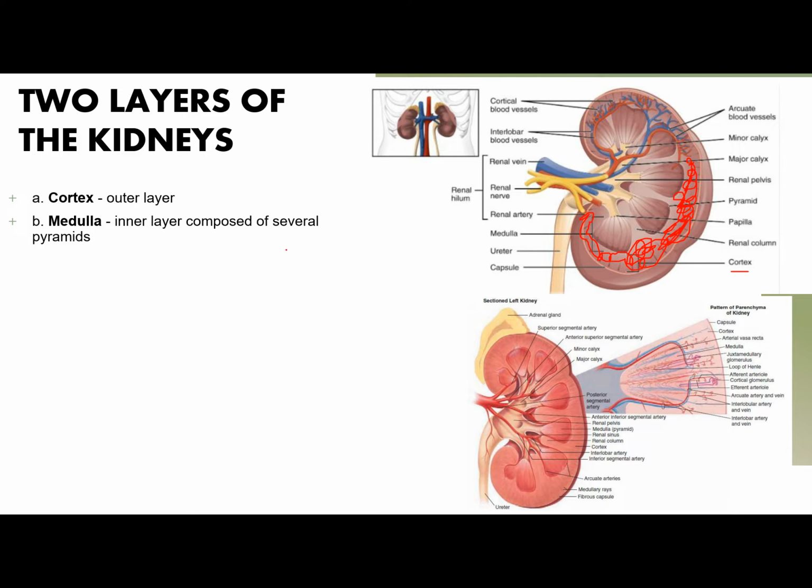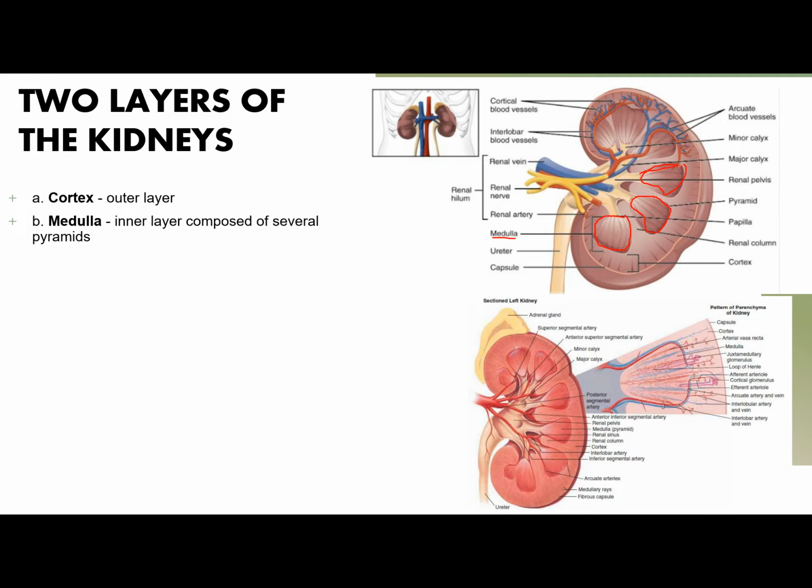Now, another layer is the medulla. The medulla, class, refers to the inner layer. So this is your medulla. These sac-like layers are the medullas. This is the inner layer composed of several pyramids.